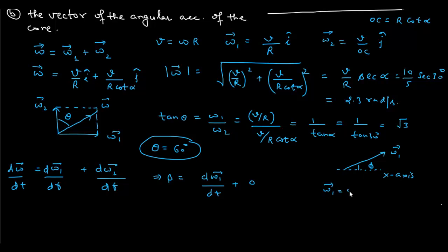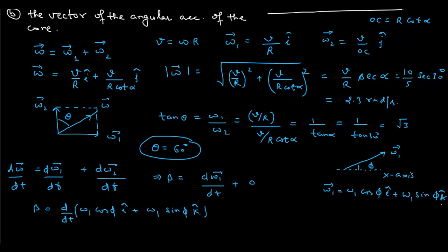So we can write omega 1 as omega 1 cos phi i cap plus omega 1 sin phi k cap. Clear? So if we put this value of omega 1 here, we get beta equal to d by dt of (omega 1 cos phi i cap plus omega 1 sin phi k cap).